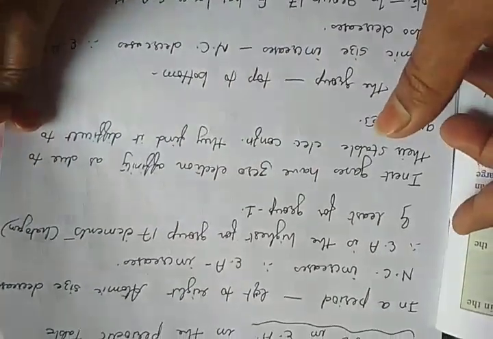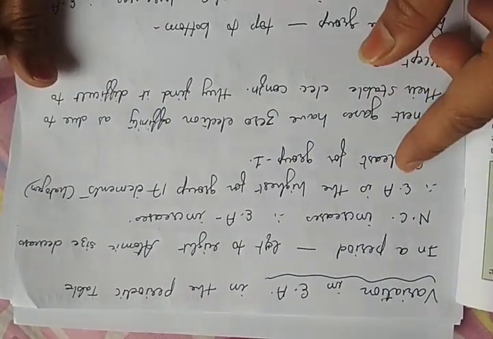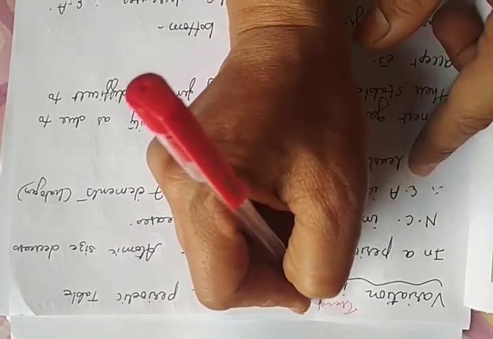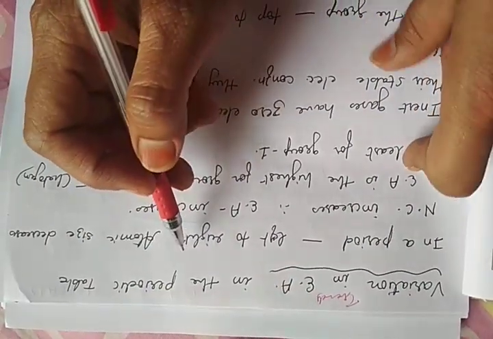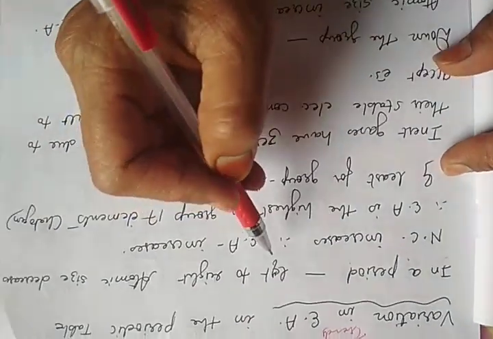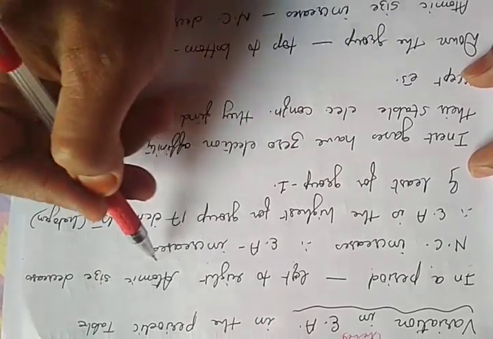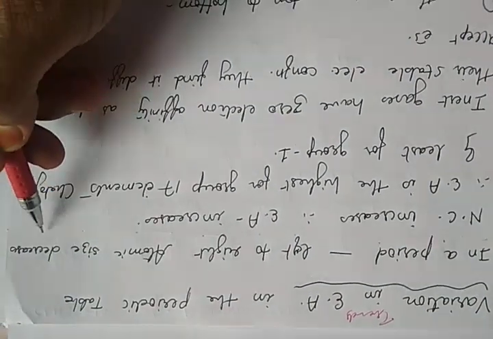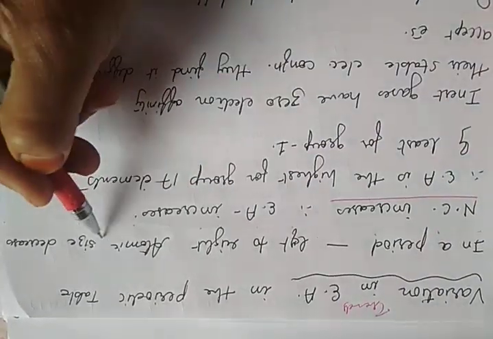Now, next is what are its variations in the periodic table, or we can say the trends of electron affinity in the periodic table. First of all, across a period, when one moves left to right, atomic size decreases and nuclear charge increases.